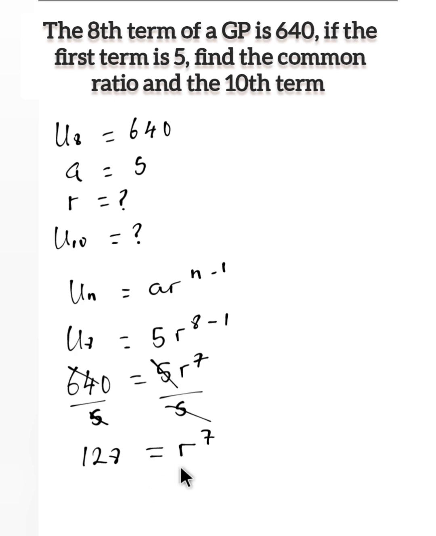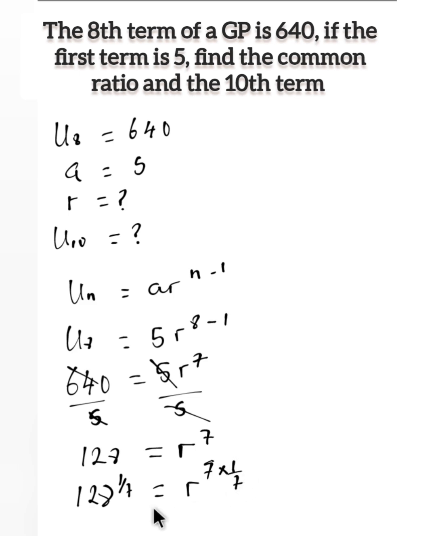Now what should we do next to get r? We are going to raise both sides to the power of 1 over 7. So this will be 128 raised to the power 1 over 7 is equal to r raised to the power of 7 times 1 over 7.